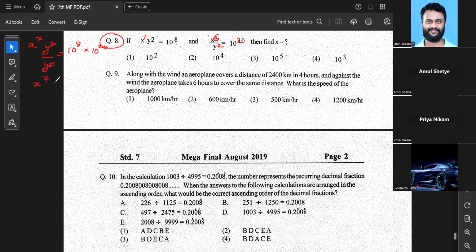So x raised to 7 is equal to 10 raised to 28. Taking 7 to the other side, 10 raised to 28 divided by 7, that is 10 raised to 4, will be your answer. Option 2.